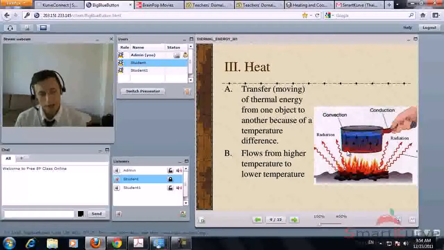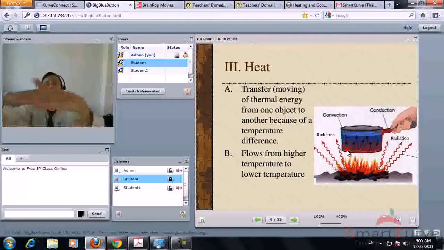That's why if you have a pot of boiling water, your hand is going to get hotter if you put your hand over the water than if you put your hand beside it. Try this sometime. Or if you have a fire, if you put your hand beside the fire, you feel a little bit of heat.